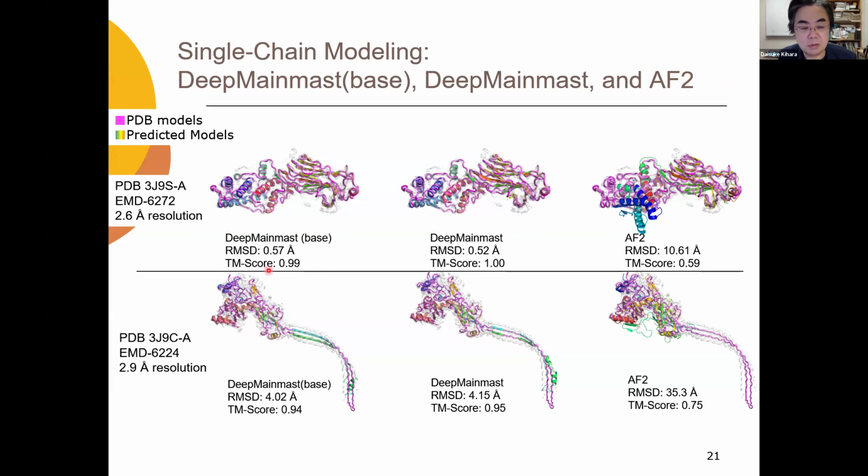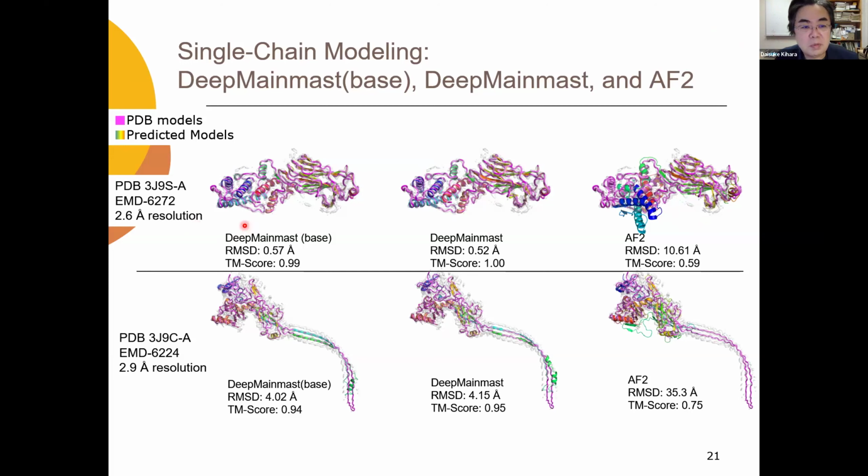The first example is a protein structure which has two domains, an alpha helical domain and a beta domain. AlphaFold can model the two domains individually very well, but often the relative orientation of the two domains is not correct.